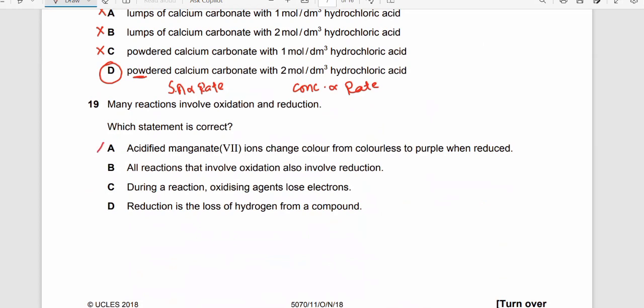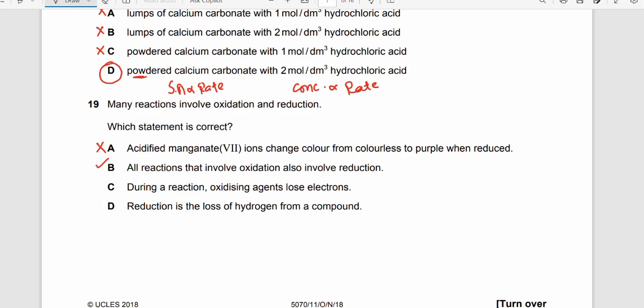All the reactions that involve oxidation also involve reduction. Any reaction which involves oxidation, meanwhile reduction is also taking place, so that's why it is called a redox reaction. This is the correct option.